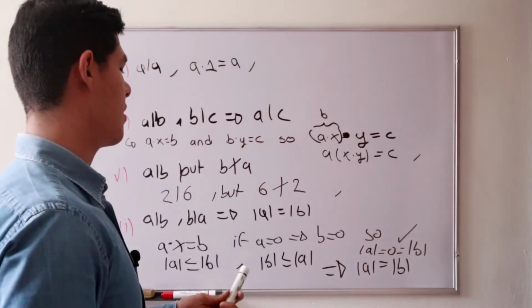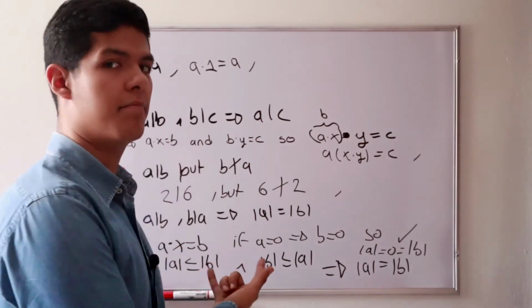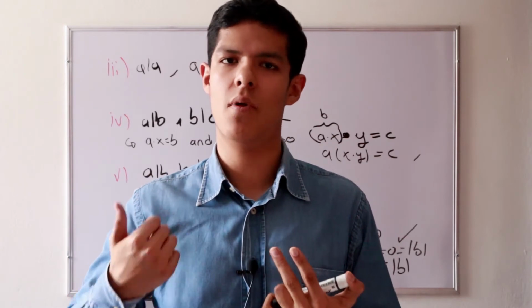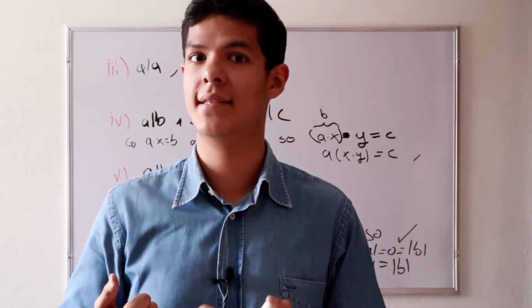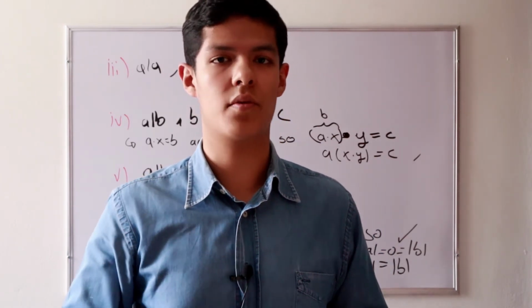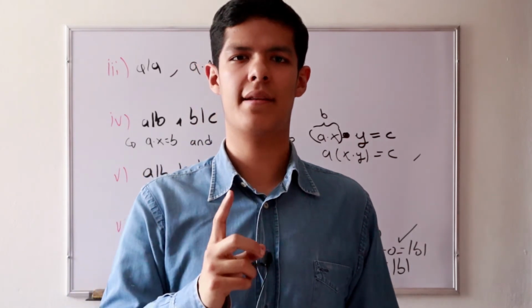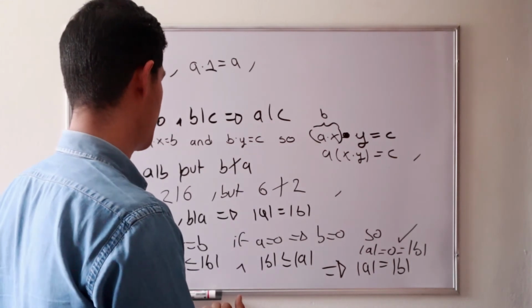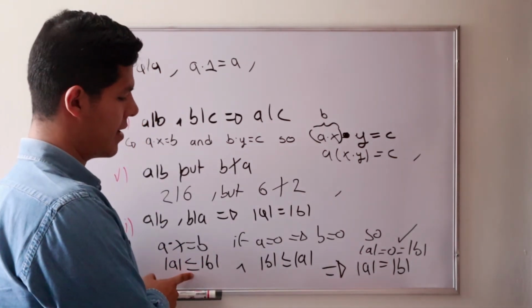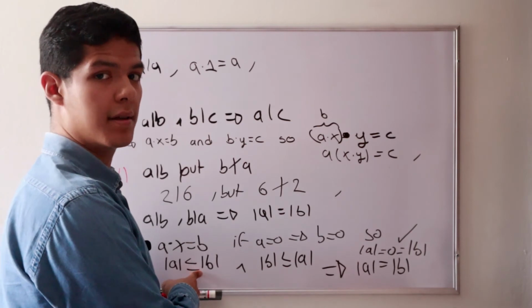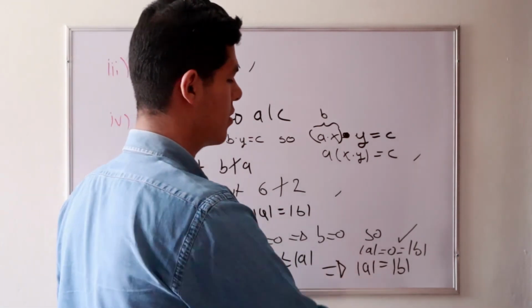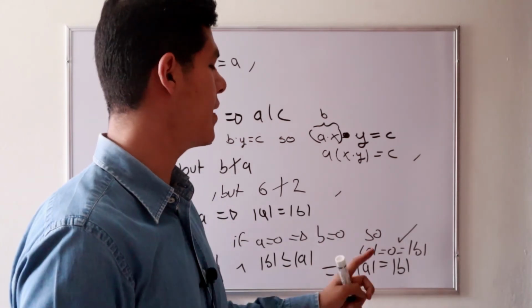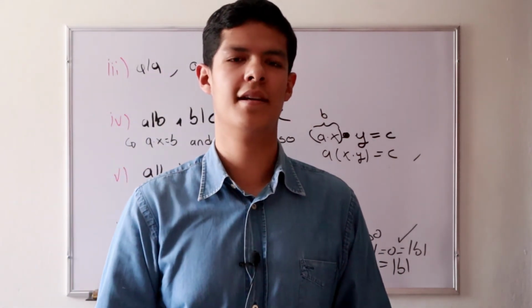Because otherwise there would be a contradiction, like 2 is less than 1 and 1 is less than 2. So this is a contradiction, but the only thing that can save us is that they are equal. So we can conclude that the absolute value of A equals the absolute value of B.